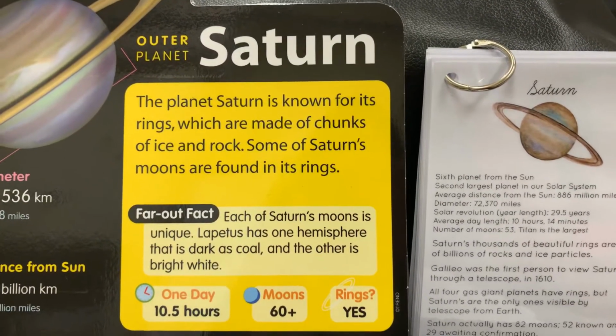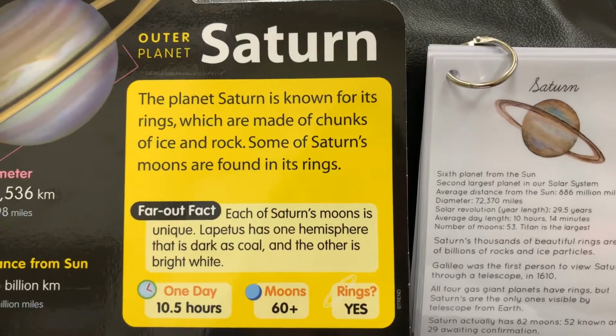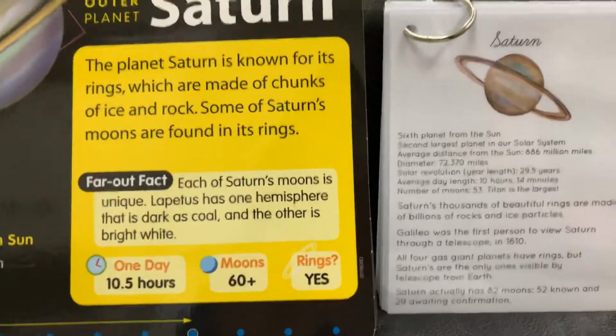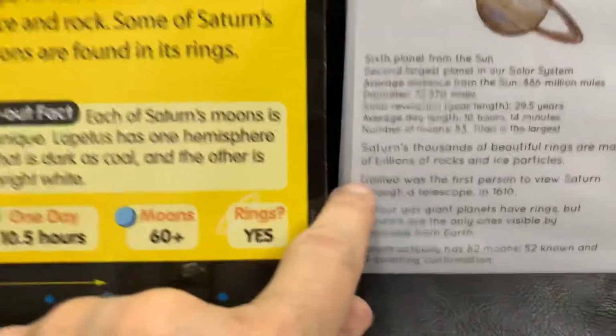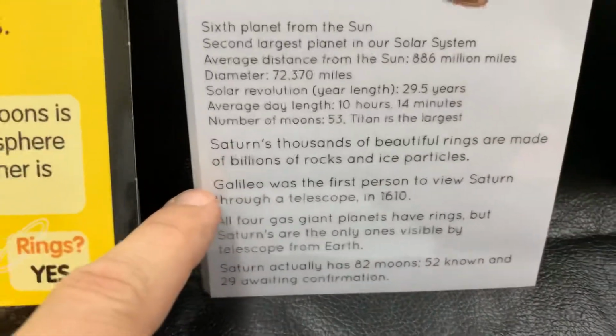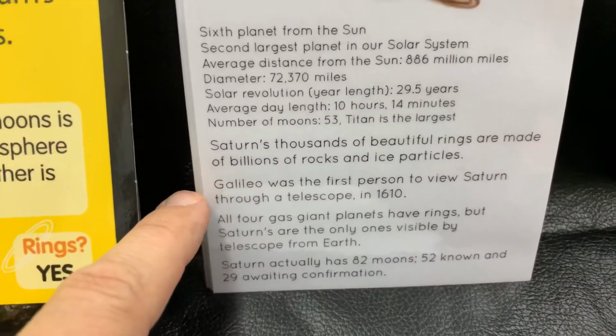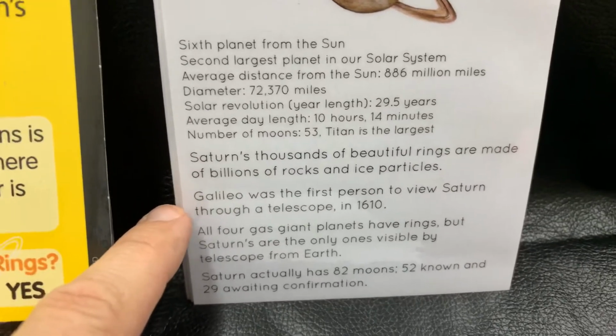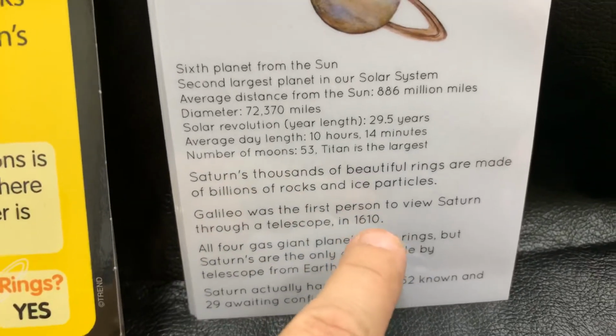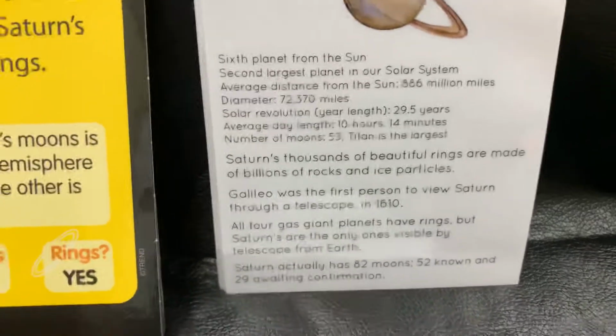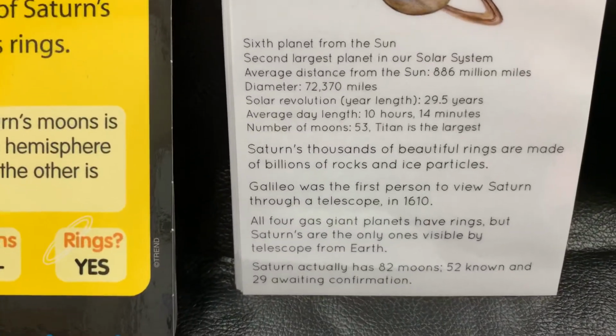Where are Saturn's moons found? Okay. Who was the first person to discover Saturn? Galileo was the first person to view Saturn through a telescope in 1610. This year is 2020.